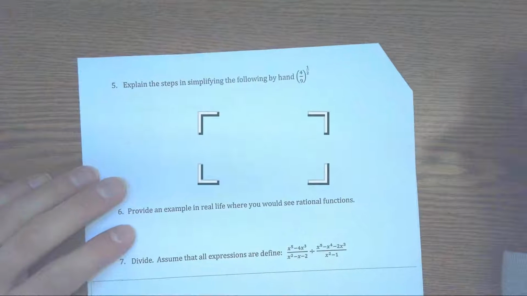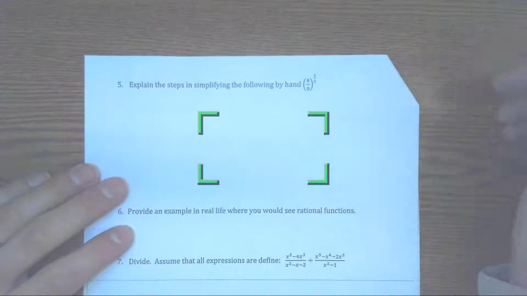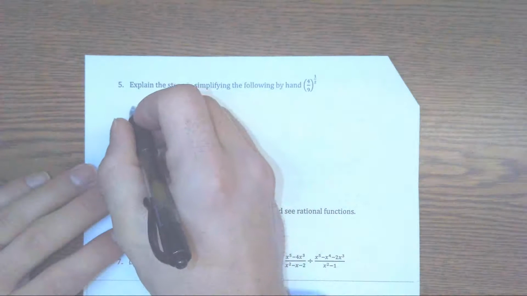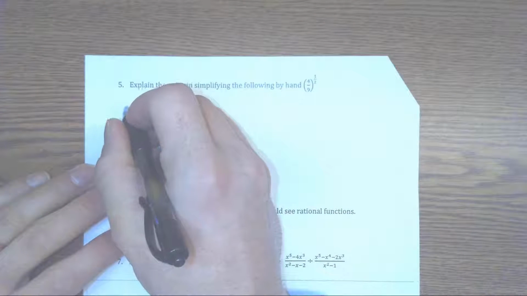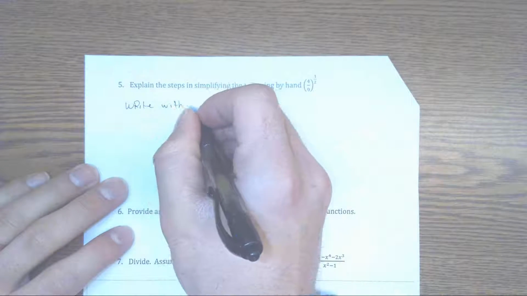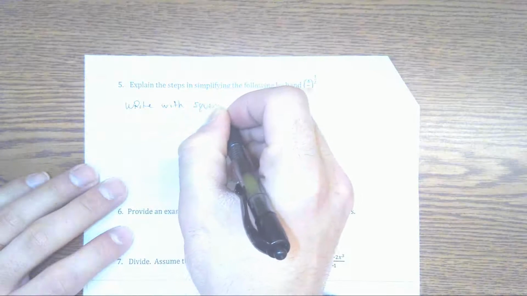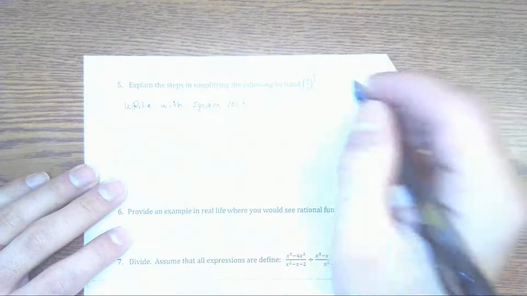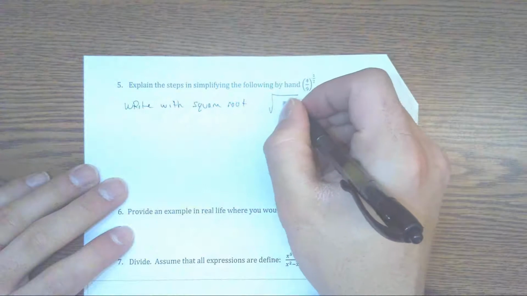Alright, explain the steps simplifying the following by hand, meaning you wouldn't use a calculator, you just do this by hand. So the first is write with square root. So the 1/2 becomes just the square root of 4 over 9.